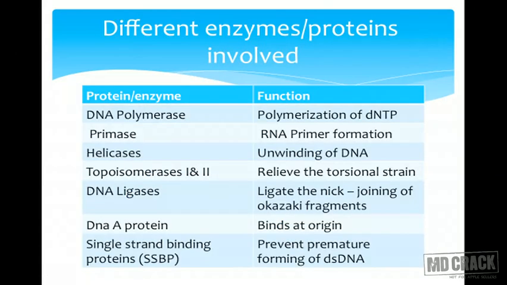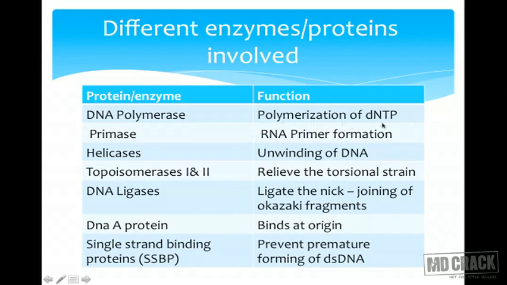Now let us go to the different enzymes and proteins involved, and then I will tell you how replication is taking place. Now as I said, a lot of enzymes are required, a lot of proteins are required. First I will give you a list of these enzymes and then I will tell you the exact procedure. Now DNA polymerase is an enzyme, and what is its function?